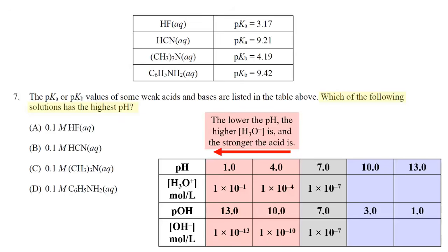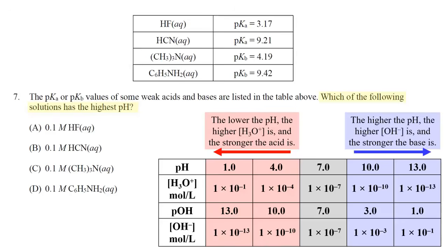Now moving in the other direction toward a pH of 10 or 13, what we can see is that as the pH increases, a higher pH is associated with a higher concentration of hydroxide, and then that would be a stronger base. So in question 7, it says, which of the following solutions has the highest pH? So we are looking for a substance that behaves as a base, not a substance that behaves as an acid.